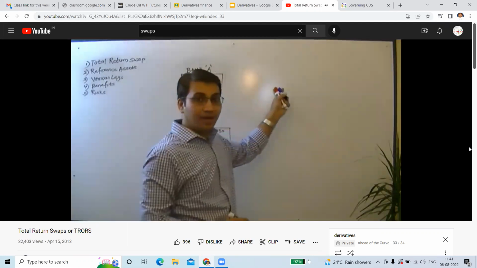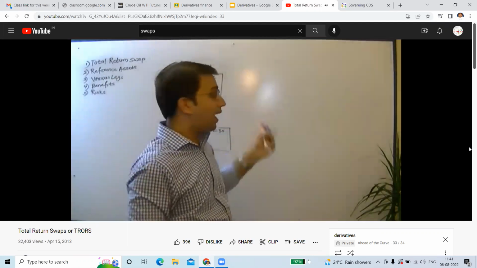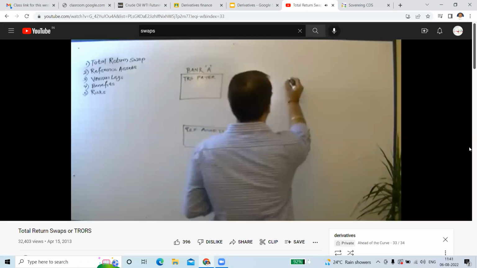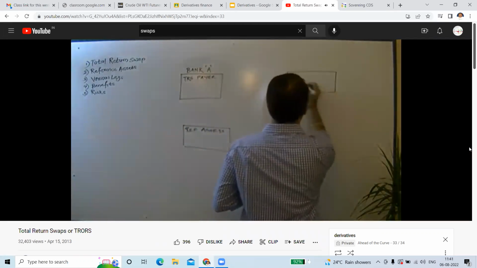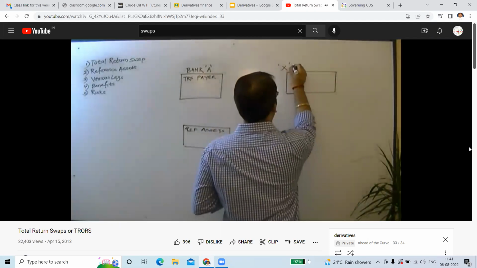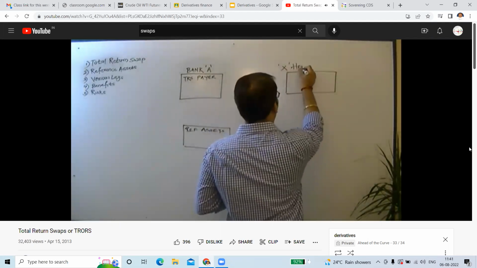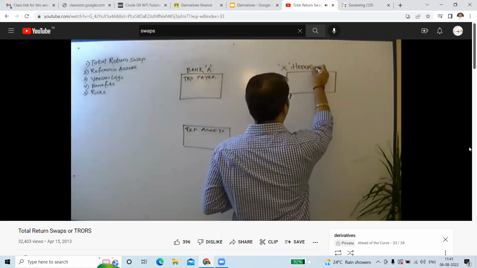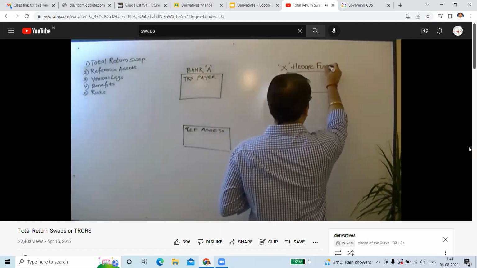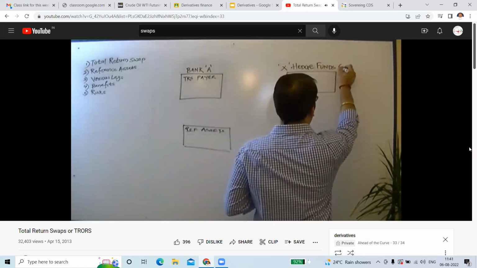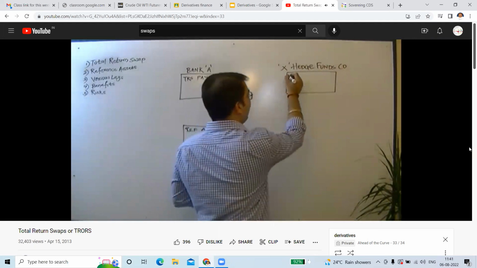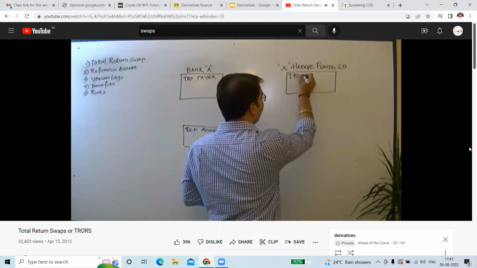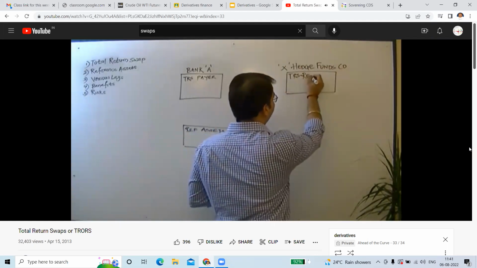And the other party, X hedge fund company, we will call the total return swap receiver.